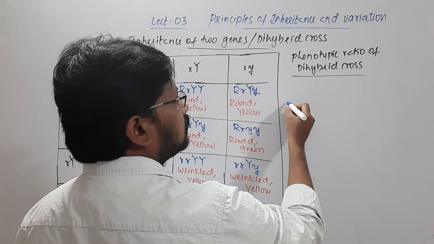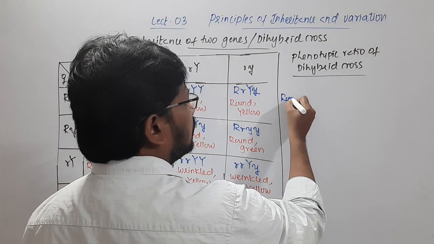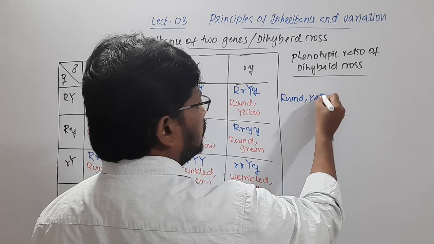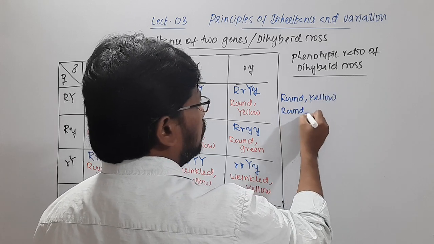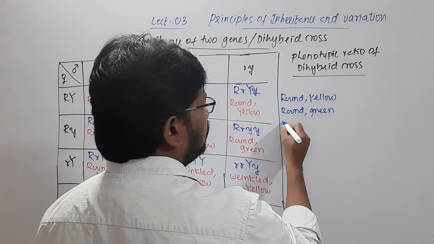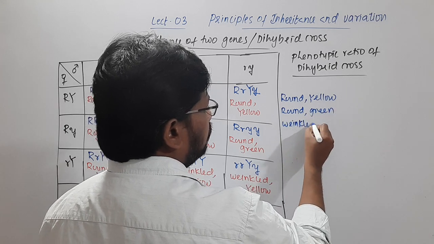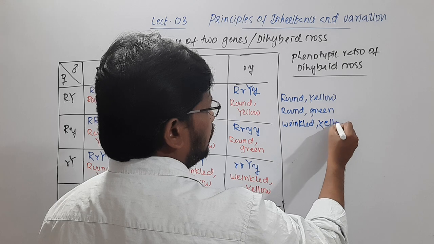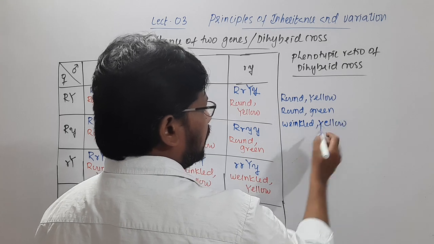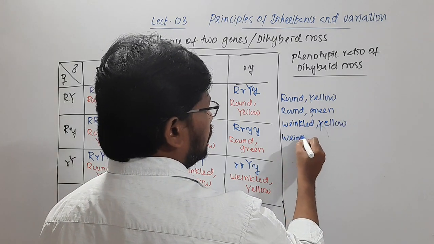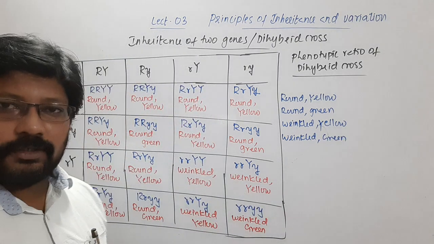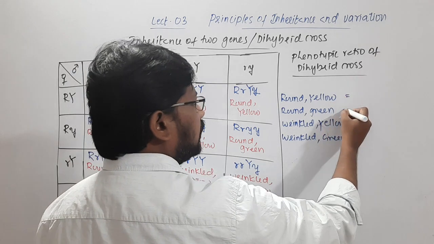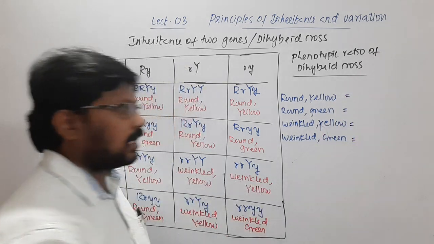We have round yellow, then round green, then wrinkled yellow, and lastly wrinkled green. We need to find out how many of each there are.